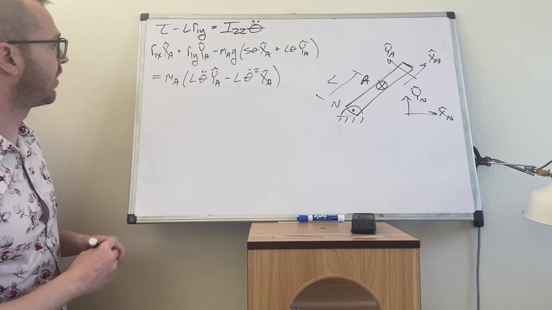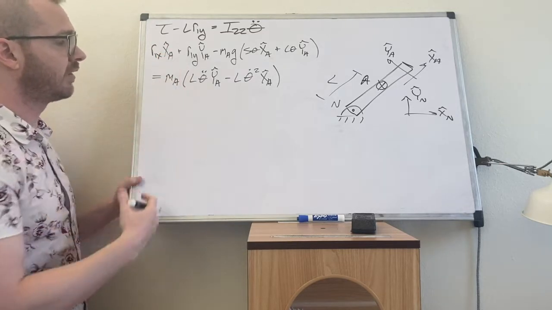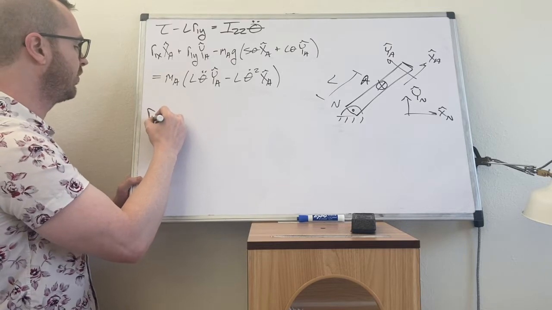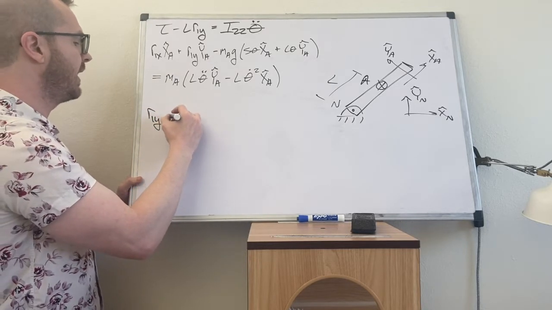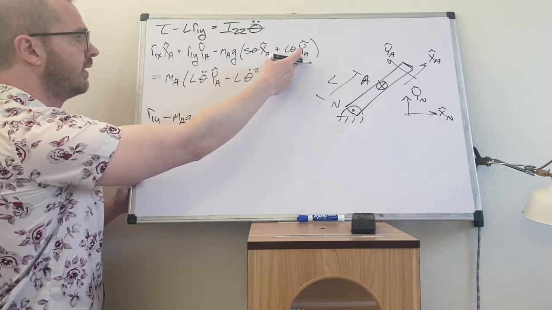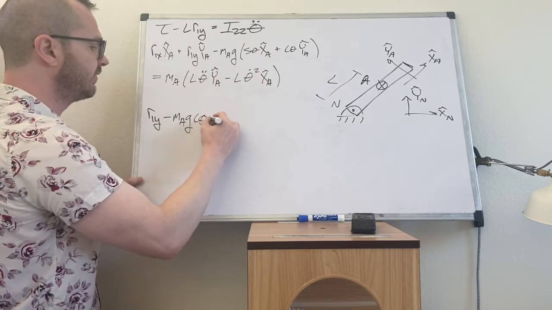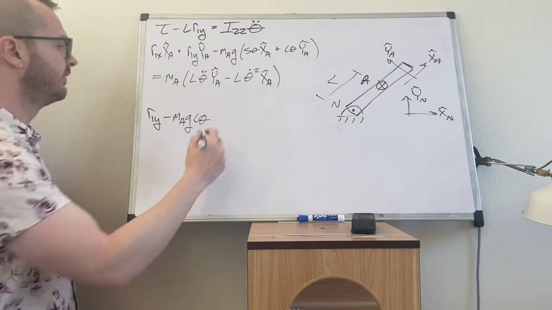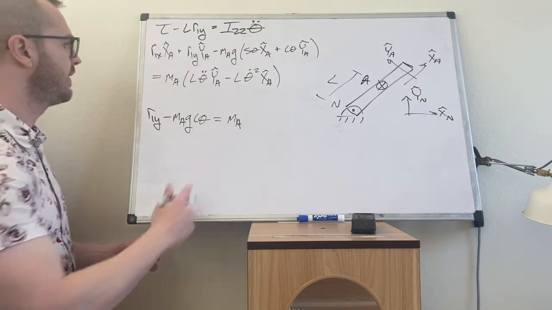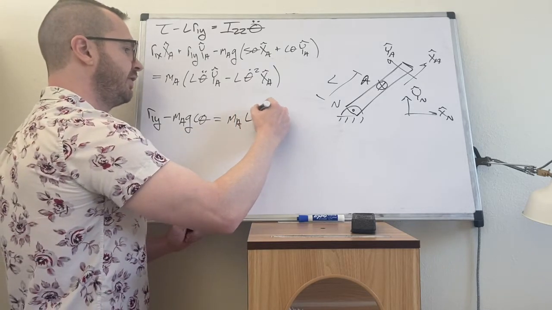If we do our dot products, we're going to take Newton's second law, and we're going to dot it with y hat a. We're going to have R1y minus mag. The y hat a component is going to be cosine theta. This is going to equal m a L theta double dot.